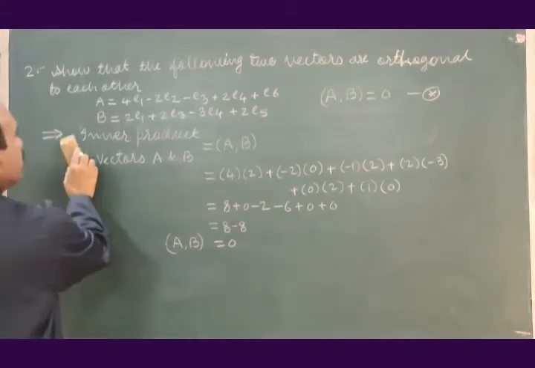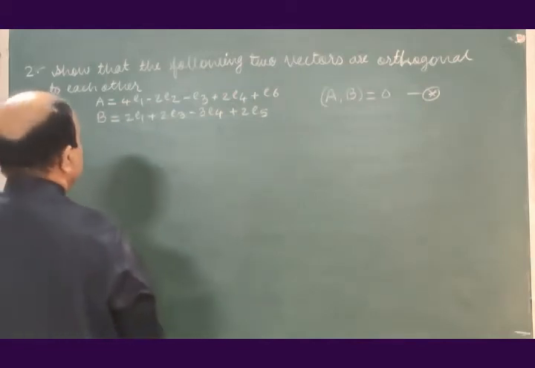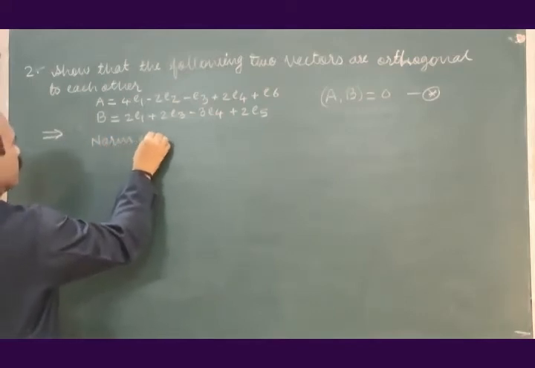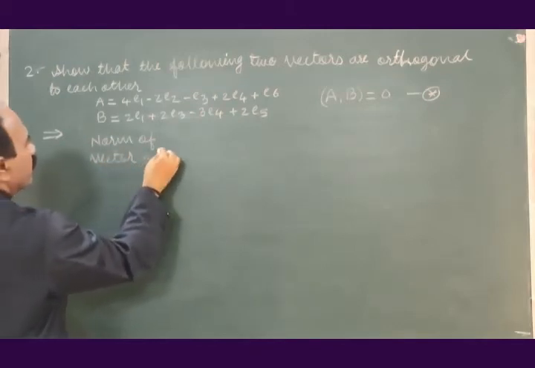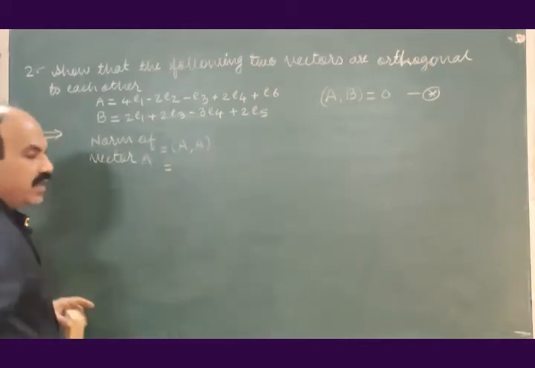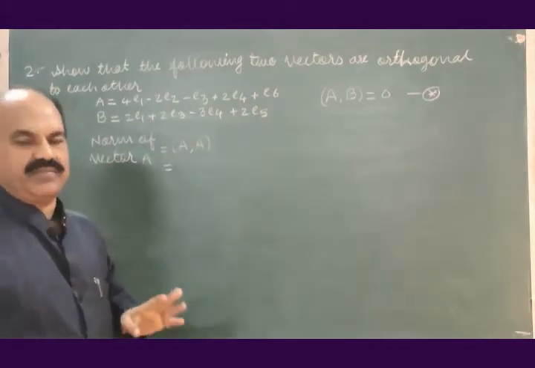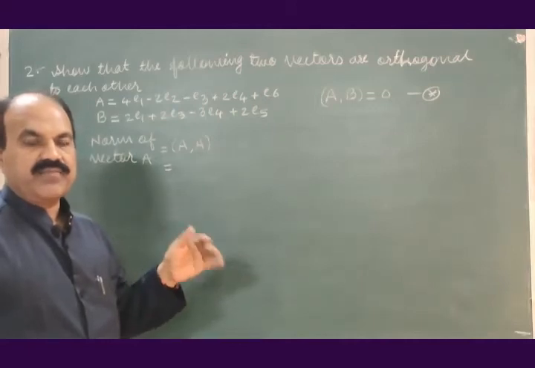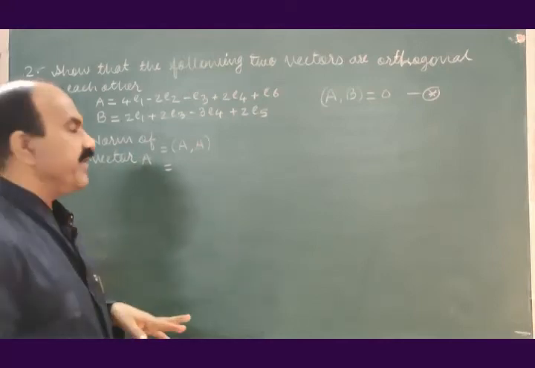Norm of vector a is nothing but the inner product of vector a with a itself, and that will be the sum of products of components of vector a.